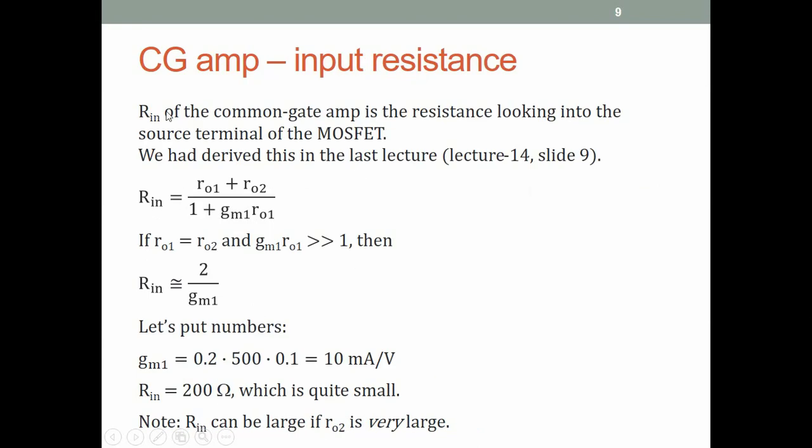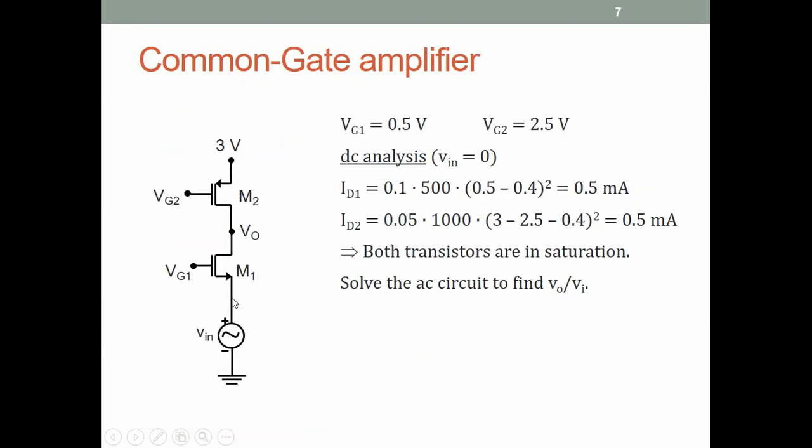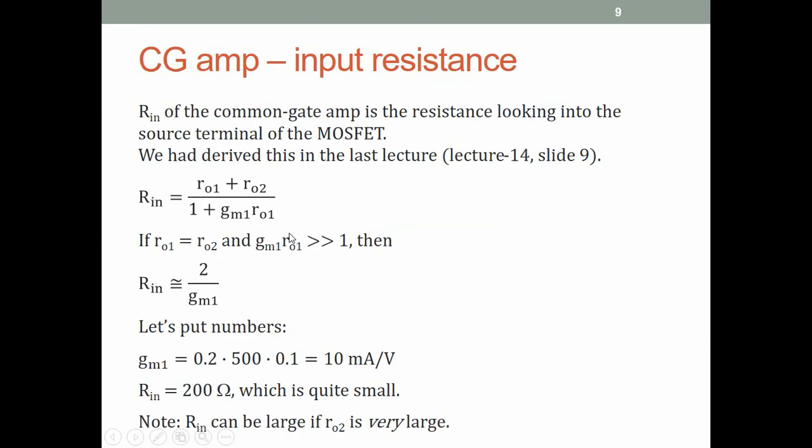What is the input resistance of a common gate amplifier? The input resistance of a common gate amplifier is the resistance looking into, or up, the source of a MOSFET. So let's go back here. Looking up the source of a MOSFET is the input resistance. We had derived this earlier, in lecture 14 slide 9: the resistance looking up the source of the MOSFET is (ro1 + ro2) divided by (1 + gm ro1).